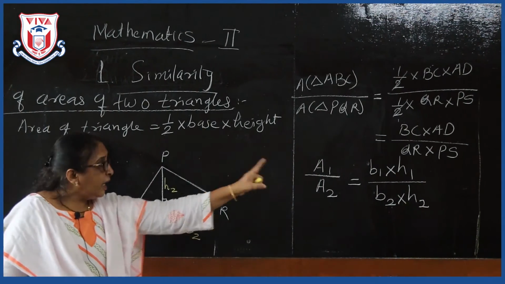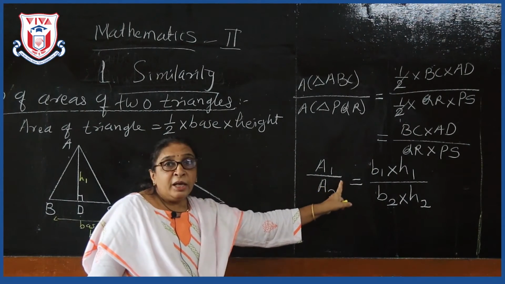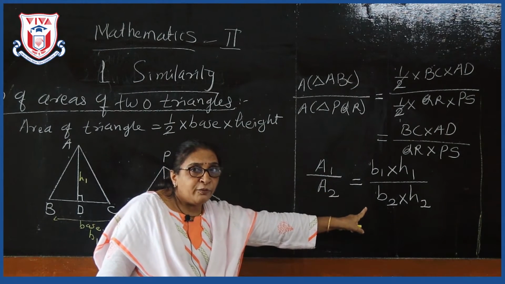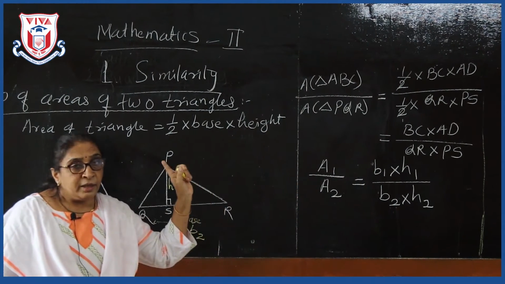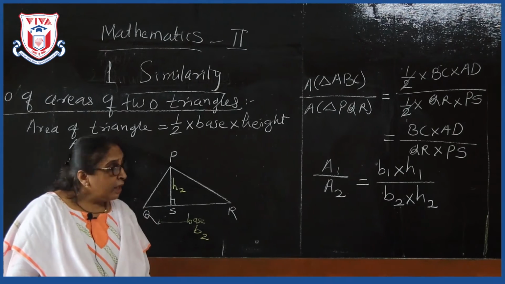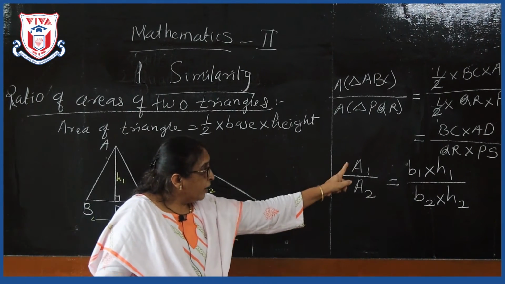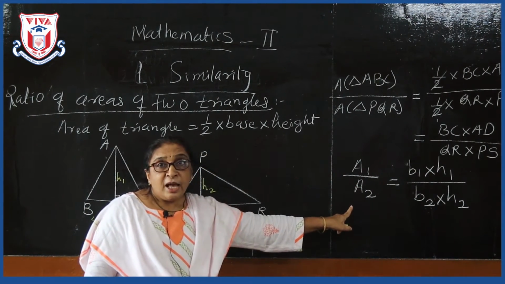So this is the relation between the ratio of the areas of two triangles. Did you understand?